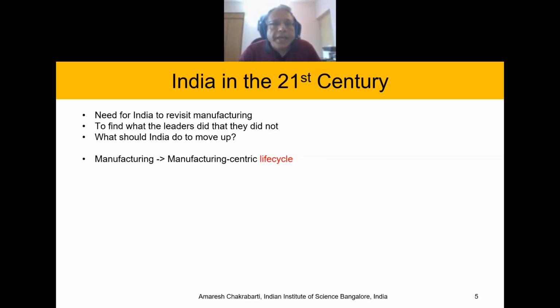First of all, manufacturing has expanded itself from essentially the transformation of materials to a manufacturing-centric life cycle. So it goes all the way from making materials down to making products, and then bringing them to end of life. One interesting example is the way in which somebody like Rolls-Royce, which makes aircraft engines, conducts their business right now.